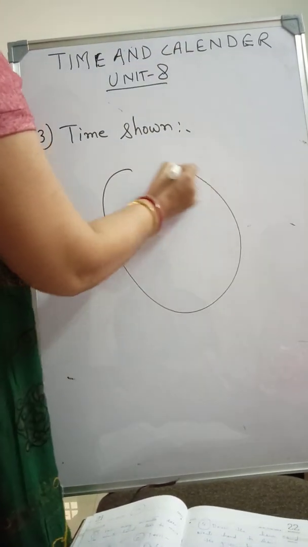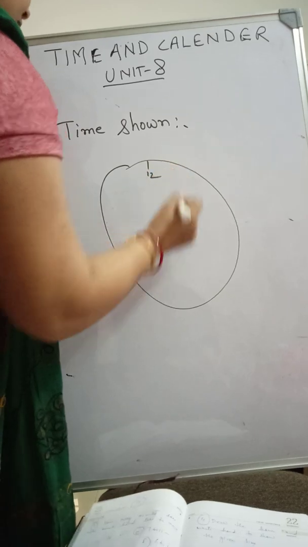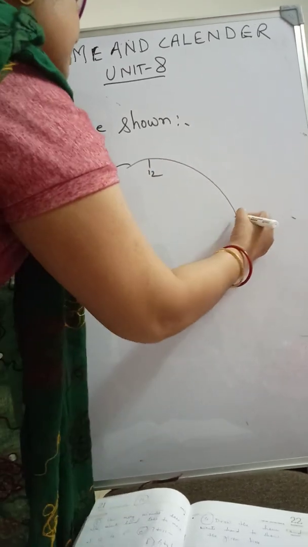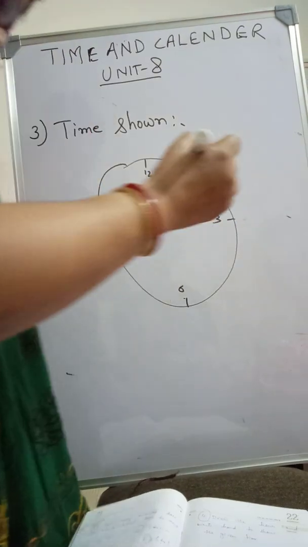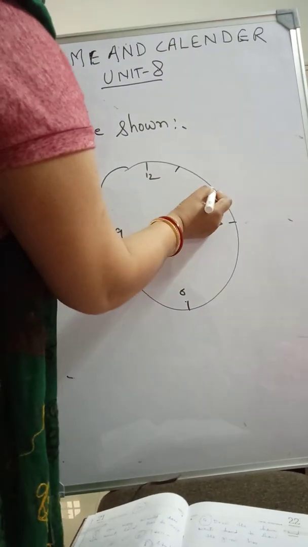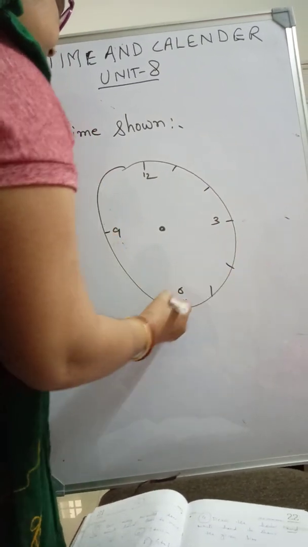For example, this is a clock, 12, 6, 3, 9. It is the center. So here the time is shown.